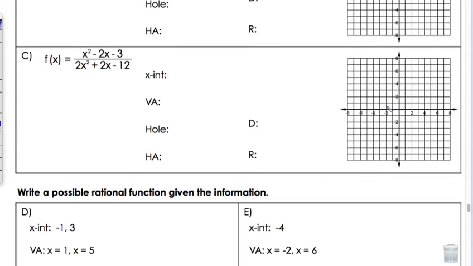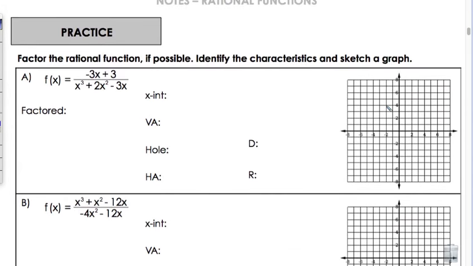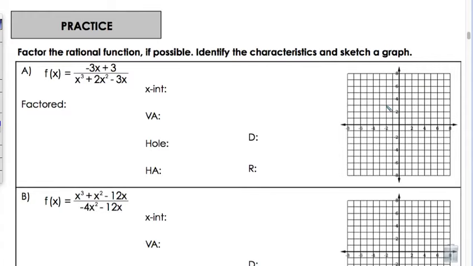Okay, let's just do a couple examples. Let's do letter A. Factor the rational function if possible, identify the characteristics, and sketch a graph. All right, so first thing I need to know is what does it look like in factored form, so I can identify the intercepts, asymptotes, and whatnot.